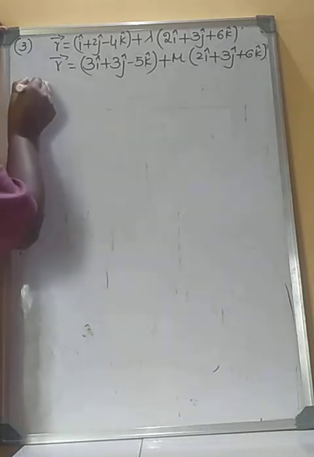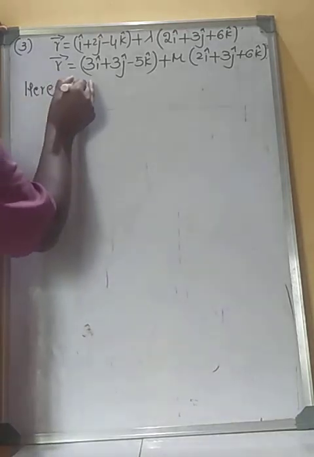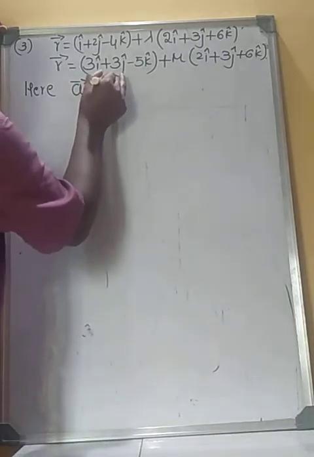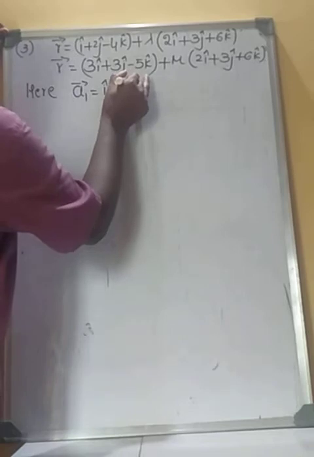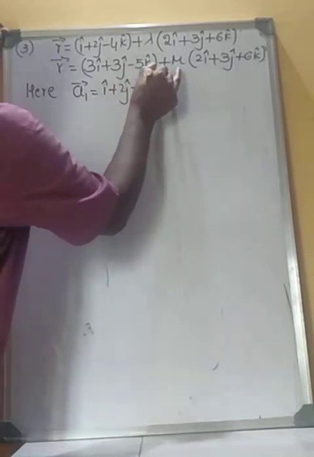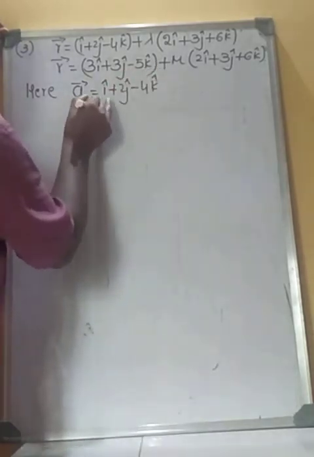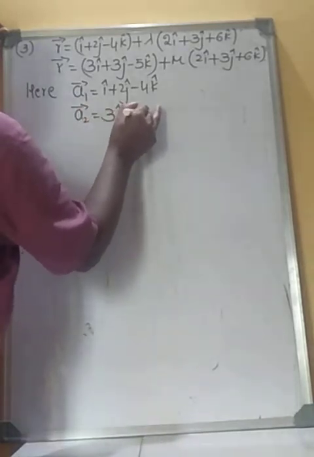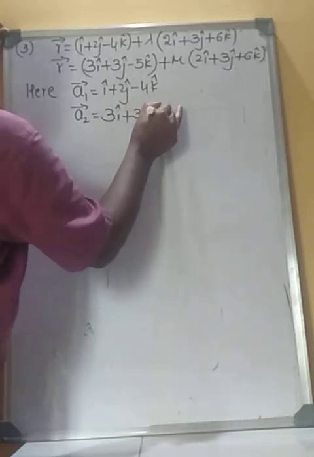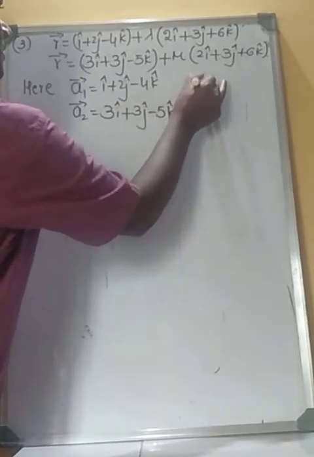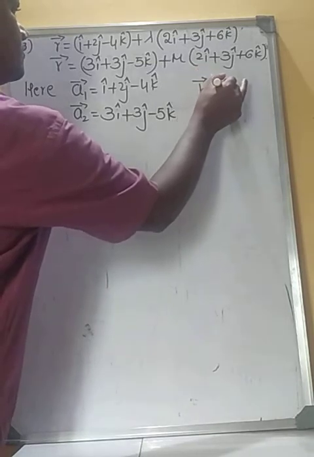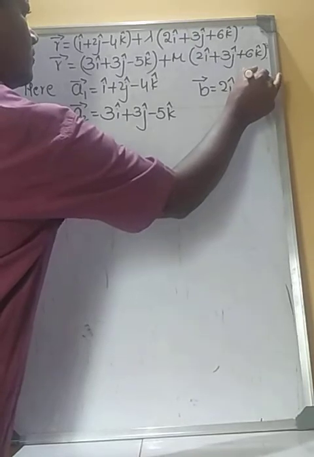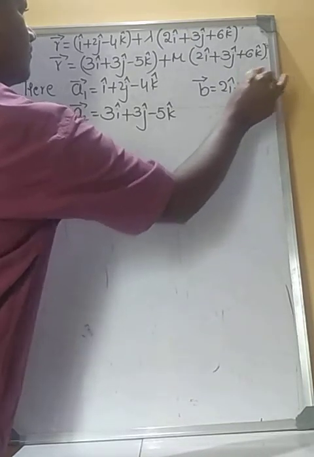Here vector a1 is i plus 2j minus 4k, a2 vector is 3i plus 3j minus 5k, and vector b is 2i plus 3j plus 6k.